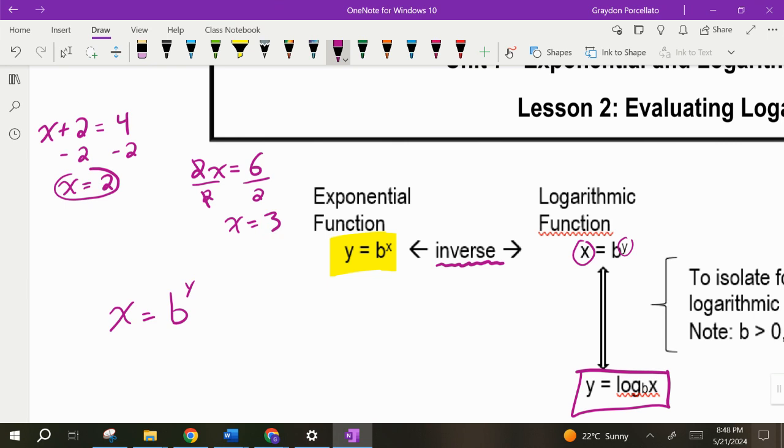The same idea goes with logarithms. If I want to solve for y here, so I want to isolate for y, what I'm going to do is take the log base b of both sides.